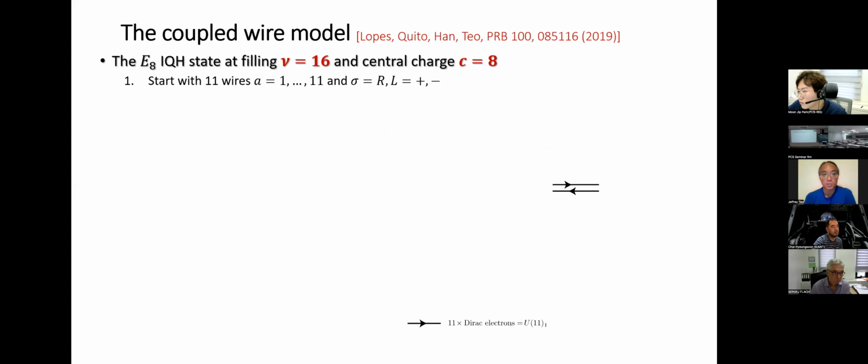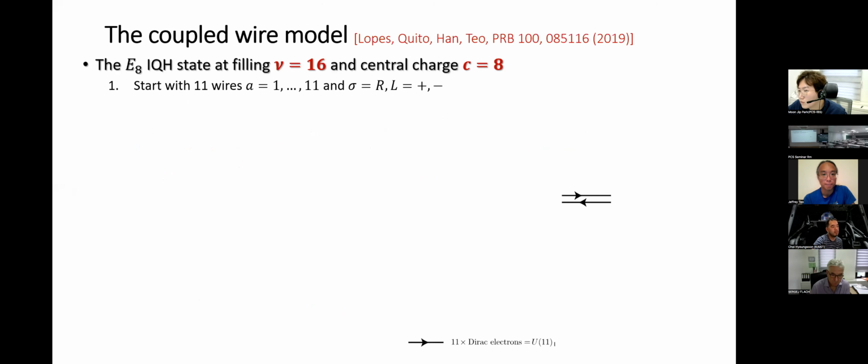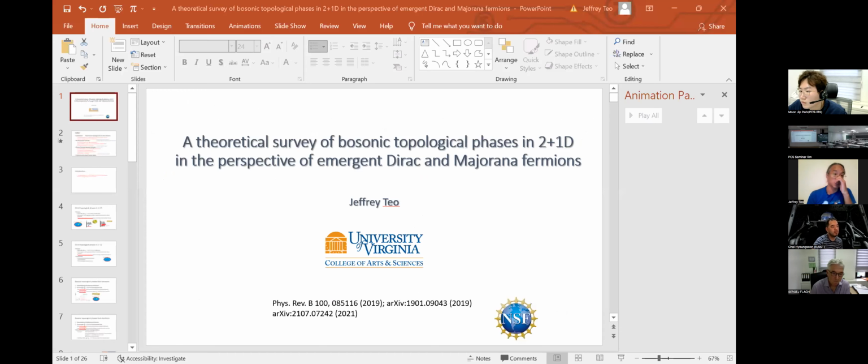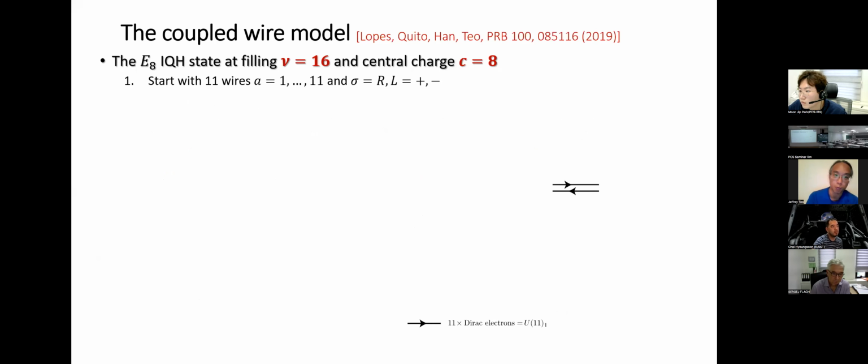All right. So maybe I should spend a little bit of time describing the coupled wire model. So the model consists of an array of wires, and each wire consists of 11 electron channels. So this is not a unique way of constructing the E8 exactly solvable Hamiltonian, but this is one of the simplest ways one can do it.